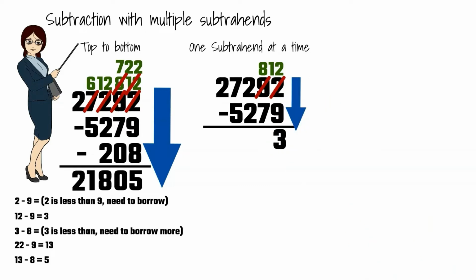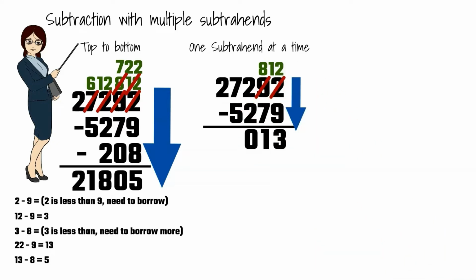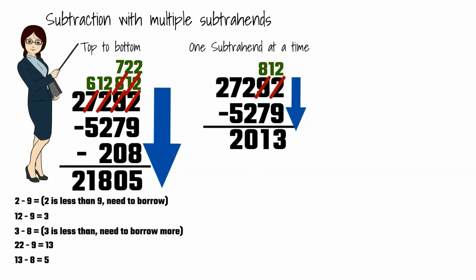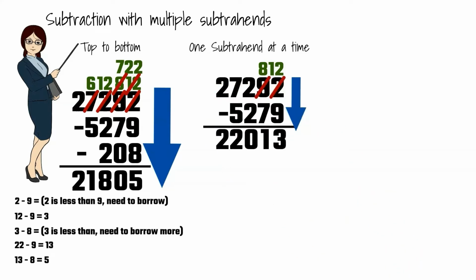Next, the new digit in the next place value is 8. 8 minus 7 equals 1. Next, 2 minus 2 equals 0. Next, 7 minus 5 equals 2. Next, 2 minus 0 equals 2, or 2 is simply brought down.